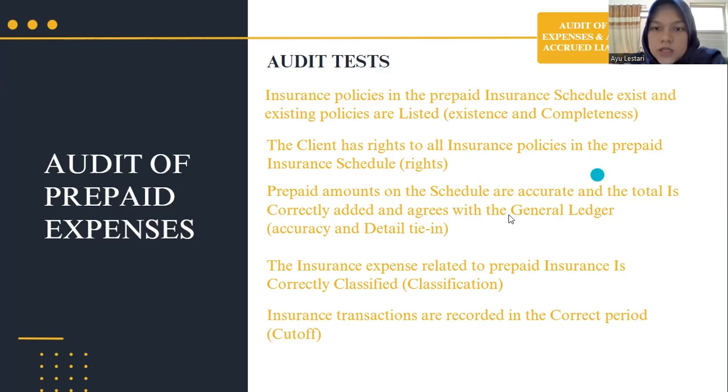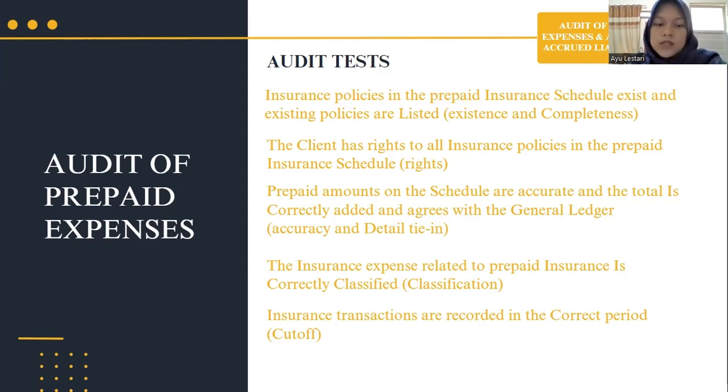Next, the test is that the prepaid amounts on the schedule are accurate and the total is correctly added and agrees with the general ledger. We call this the accuracy and detail tie-in test.